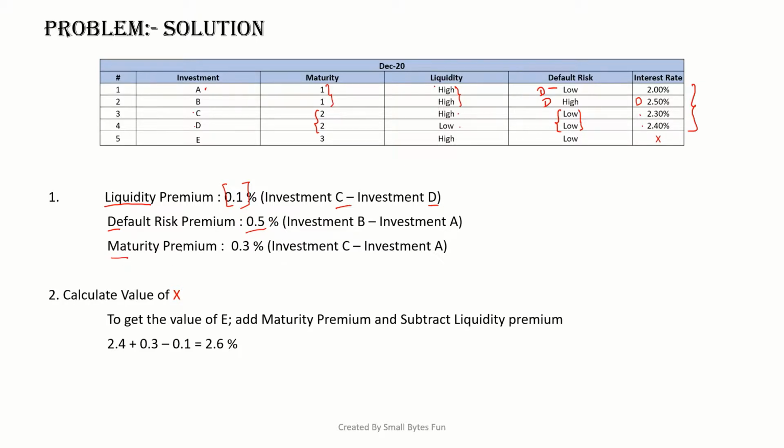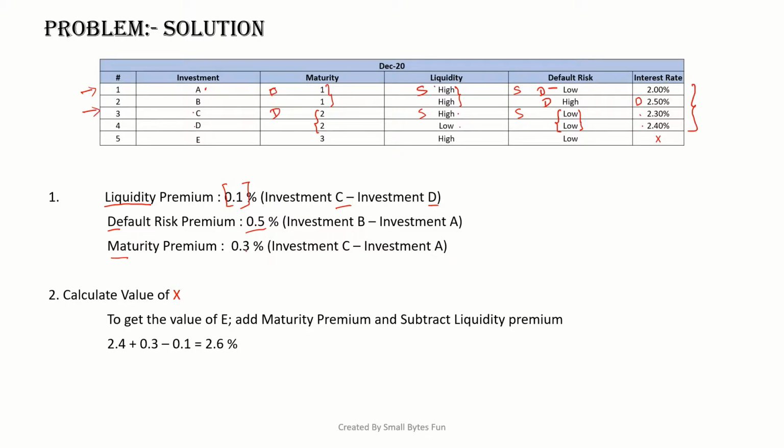The maturity premium. Now consider investment C and investment A. Both have, let me mark it as S, the same liquidity. The default risk for both is low, that is S and S. What is different is the maturity.